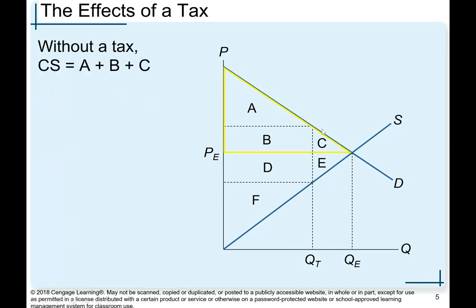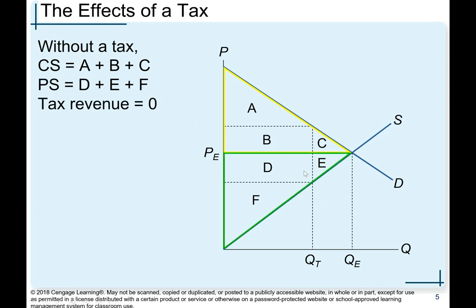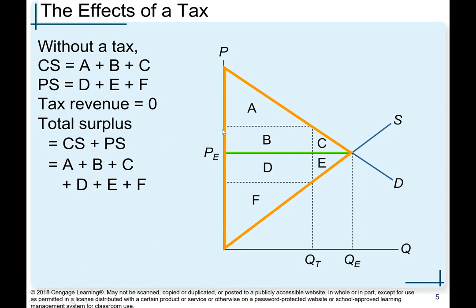The triangle ABC is the consumer surplus. And the green triangle FDE is the producer surplus. And total surplus is A, B, C, D, E, and F. The larger triangle is the total surplus, which is consumer surplus plus producer surplus.